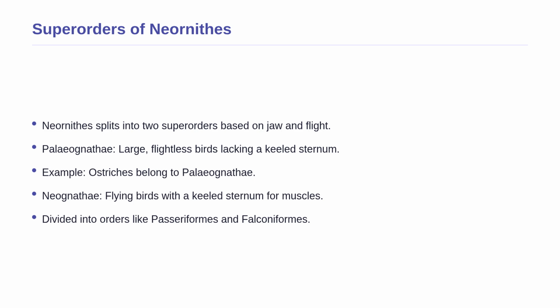The second superorder is Neognathae, which encompasses all other flying birds. They possess a keeled sternum specifically for flight muscle attachment. From here, the Neognathae are divided into dozens of specific orders, such as perching birds and birds of prey, each defined by highly specific physical traits.